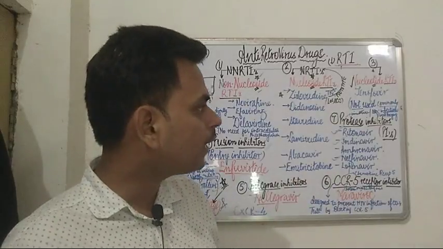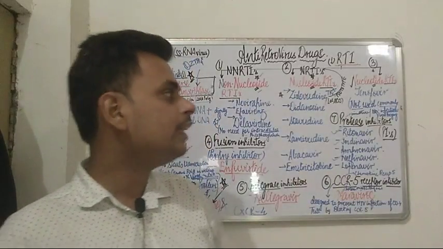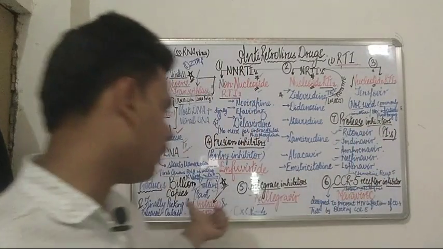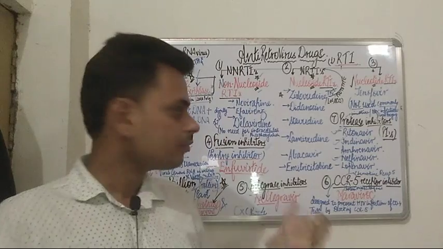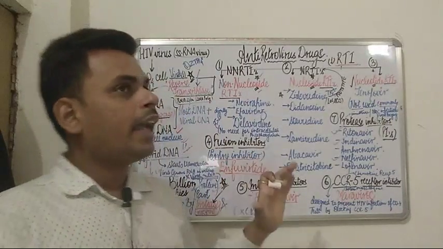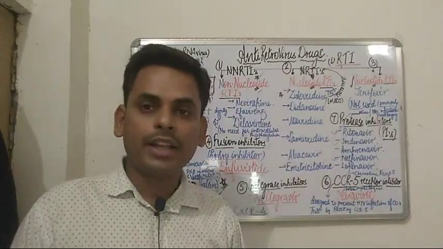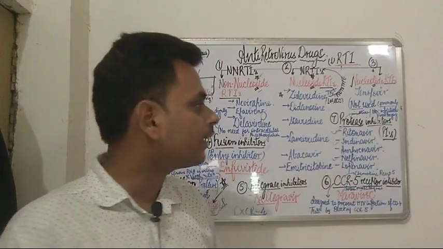And one more thing I would like to specify: since these protease inhibitors are going to act in the last stage of the viral replication, they are helpful in preventing infection in the newly infected HIV cells and the chronically infected cells.